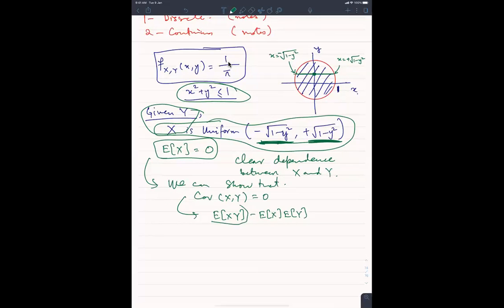Expected value of xy, इसके लिए we will use minus infinity to plus infinity, minus infinity to plus infinity, 1 over pi dx dy, or expected value of x का density function, which is going to be 1 over square root of pi dx, going from minus infinity to plus minus square root of 1 minus y square to plus square root of 1 minus y square.